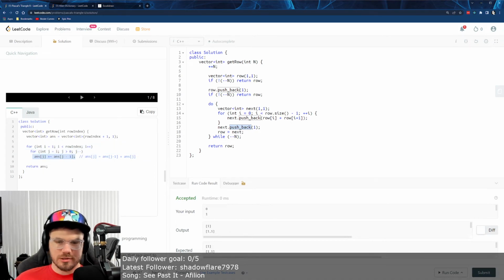Oh, and they can, I see, they can wipe out. They're not wiping out, they're just summing answer of j minus 1. Oh yeah, so they go through each row and then they go through all the numbers.